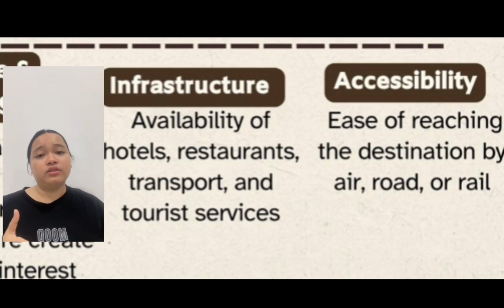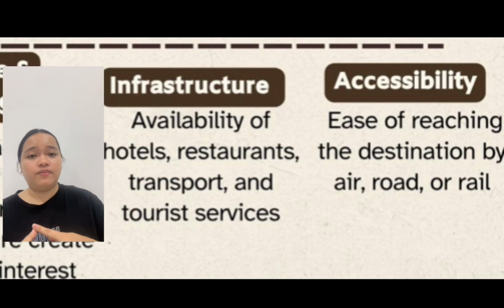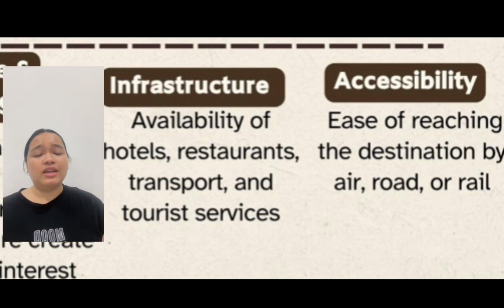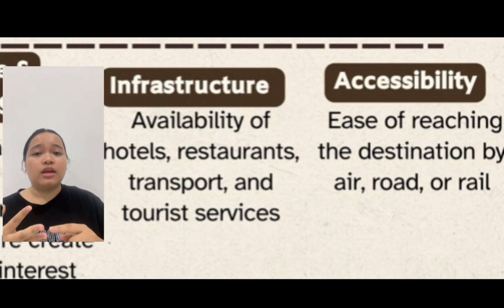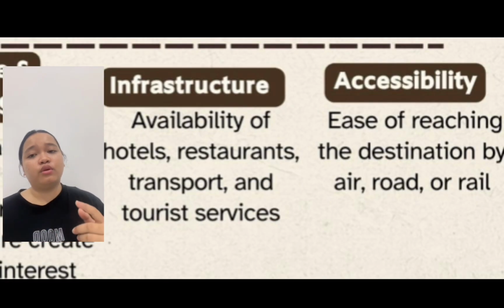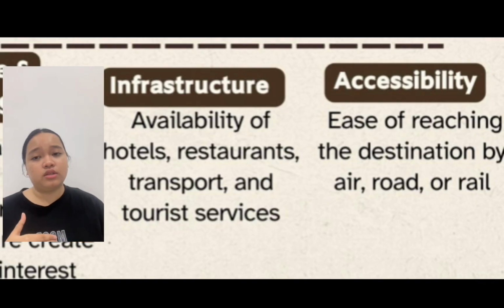For example, Kuala Lumpur in Malaysia is a great example of a city with modern infrastructure. It has a wide range of hotels, shopping centers, restaurants, and an efficient transportation system, making it comfortable for both local and international tourists.